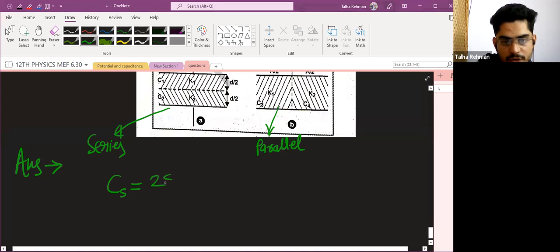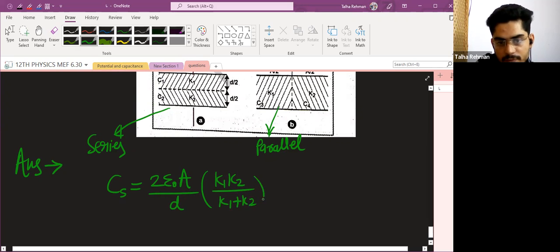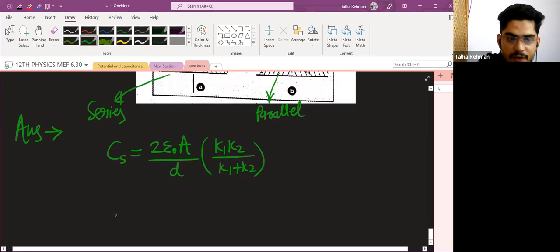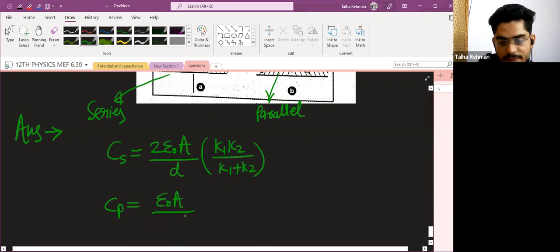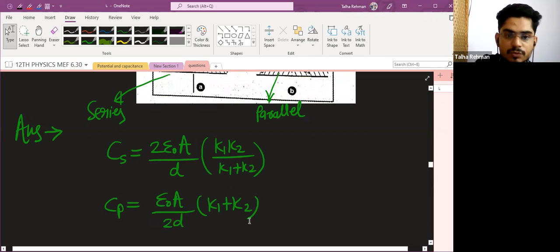So this is 2 epsilon naught A divided by D, K1 K2 divided by K1 plus K2. This is Cs. And if I want to calculate equivalent capacitance in parallel, then what will be the formula? We have derived this formula: epsilon naught A divided by 2D, K1 plus K2.